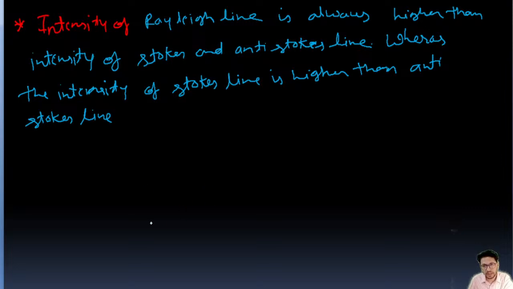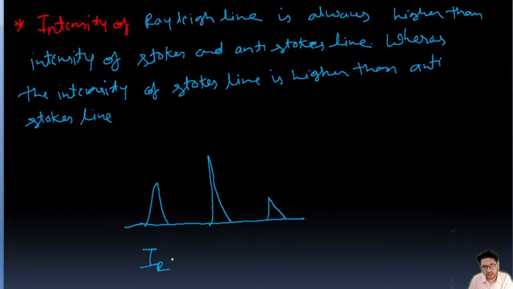So if you talk about intensity like this, this is the intensity of Rayleigh line, this is the intensity of Stokes line, and this is the intensity of anti-Stokes line.